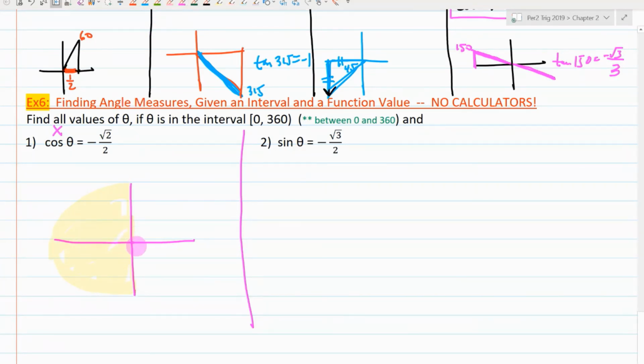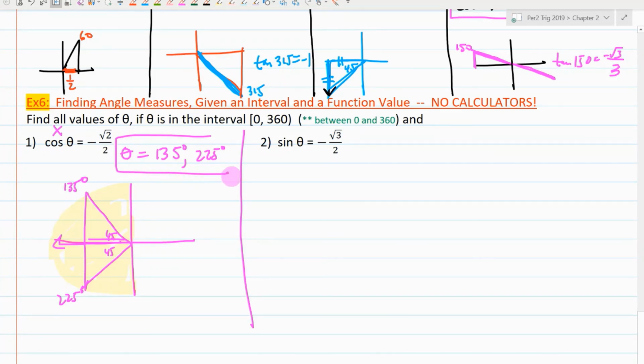So I know for sure it's going to be one of these two quadrants. And then the radical 2 over 2 is always at the 45-degree reference angles. So this is 135, and this is 225, and that's where cosine is negative radical 2 over 2. So 135 degrees and 225 degrees for theta.